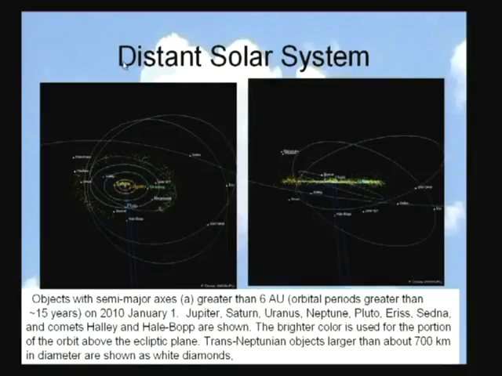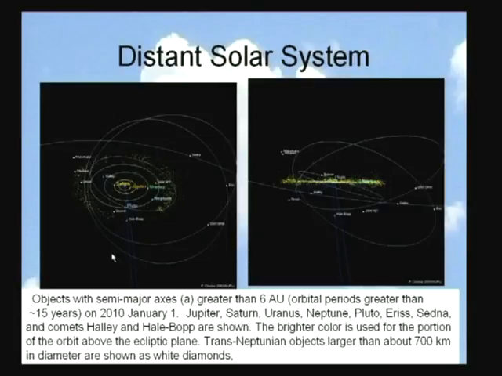Okay. This shows you the distant solar system. The scale of the picture has now increased substantially. So, 30 astronomical units is somewhere over here. The scale here extends beyond 50 astronomical units, and you can see the orbits of these comets.